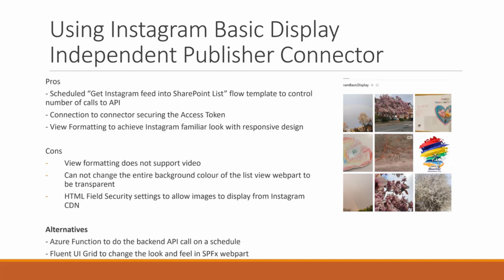And in the end, I'm just using some view formatting. View formatting in a list is just JSON mixed with HTML and CSS to get the rendering as a picture, as I've shown in the slide on the right. So that fulfilled the requirements which the end user had.